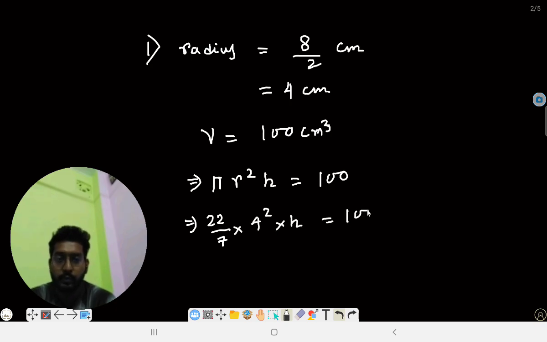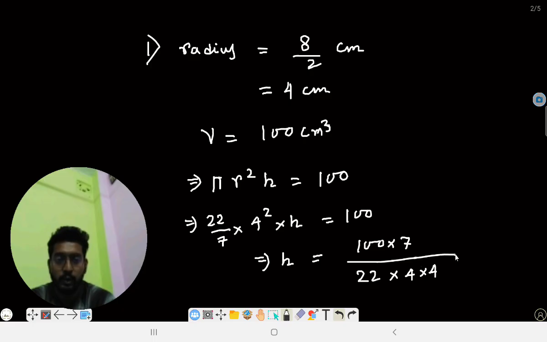Now here you have to put the values. So h will be 100 into 7 by 22 into 4 into 4. Okay, this one. So from here we can see this is 25.